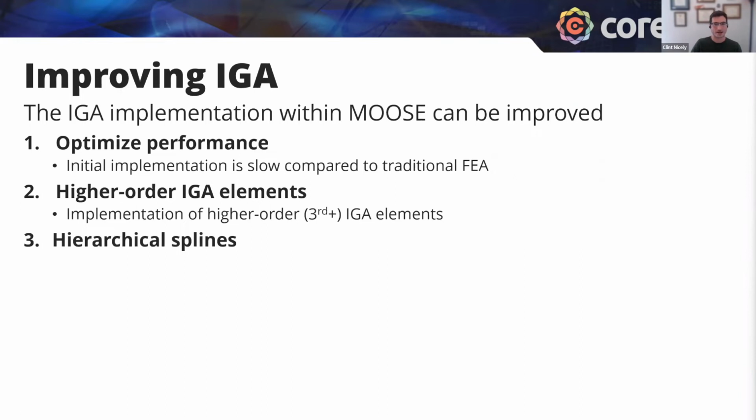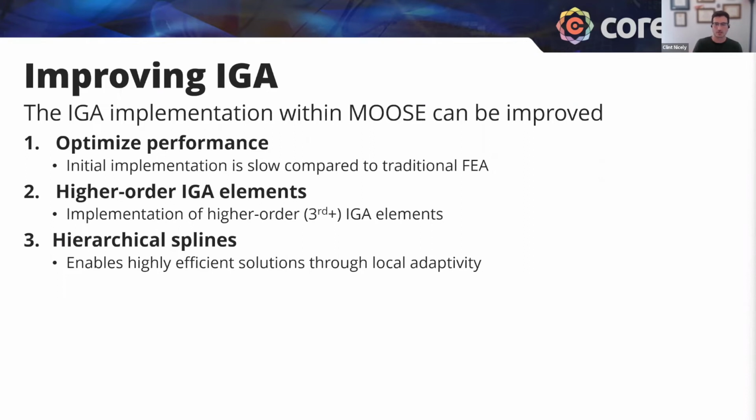We're also looking to add hierarchical splines, which enables you to add a level of local adaptivity to your analysis so that you don't have to do a blanket dense mesh or a blanket coarse mesh and try and put some sort of rigorous hand-based biased mesh on there.